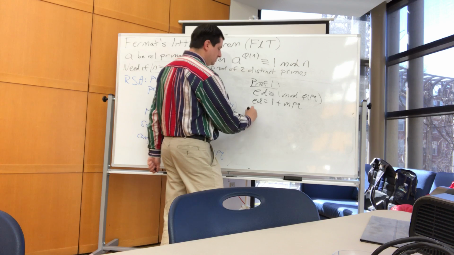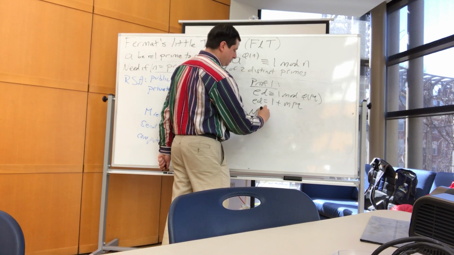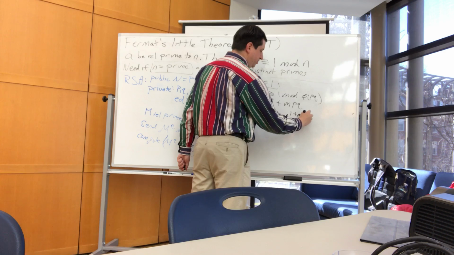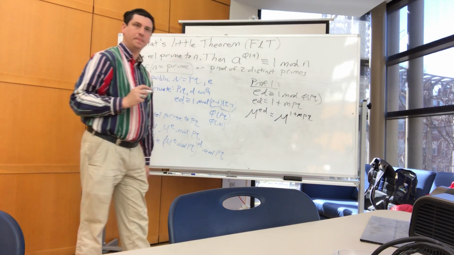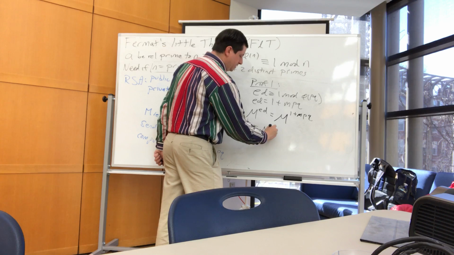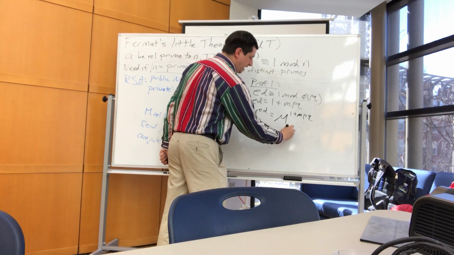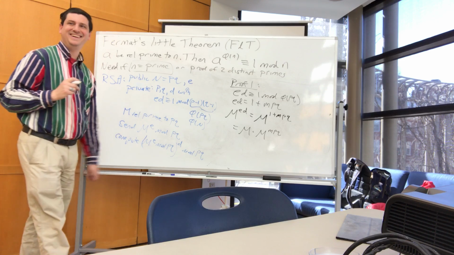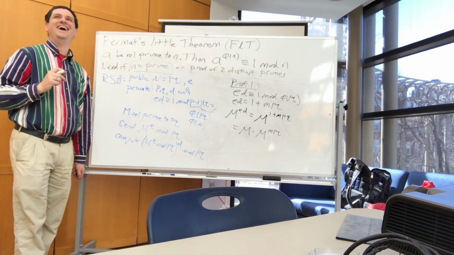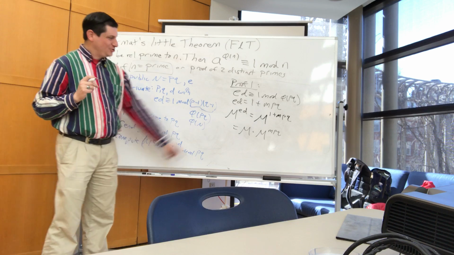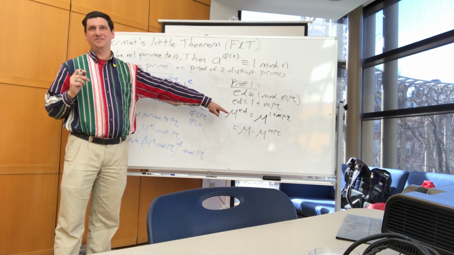So m to the ed is m to the 1 plus m phi of pq. This is the same as m times m to the m phi of pq. Is the light getting you? No, I'm good now. I was just going back and forth. Excellent. So I'm just splitting up the multiplication.